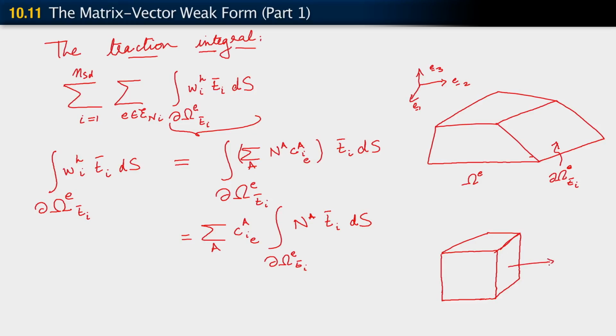So for the way I'm drawing things here, I am implying that the face of interest is this face, a C2, C3 face. So this is partial omega C T bar I, for this particular element, all right?